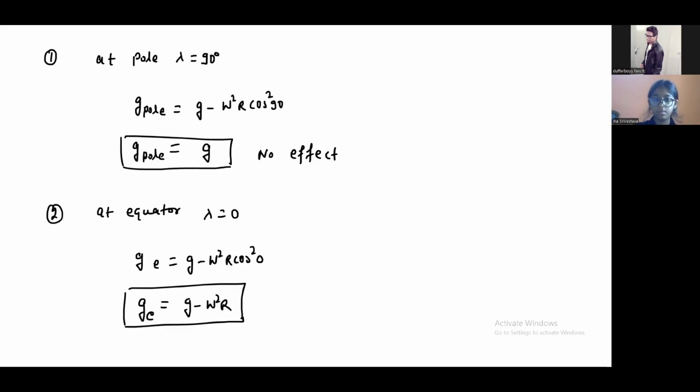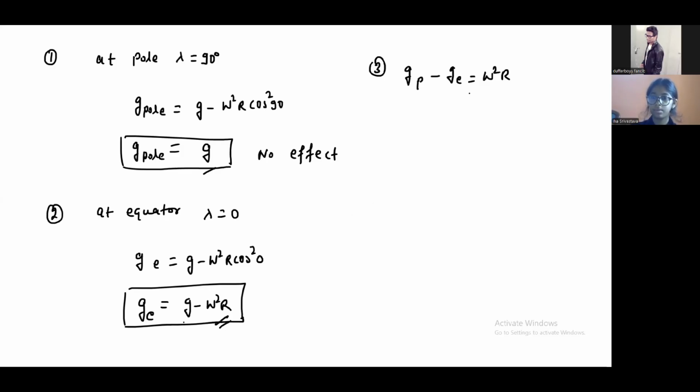If anyone asks you, the third point here I have given, g at pole minus g at equator, we can say directly its value is omega square r, because g cancels out. This g and this g cancel out, minus minus plus, so we get the omega square r value.